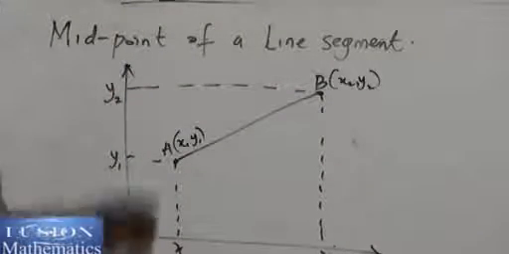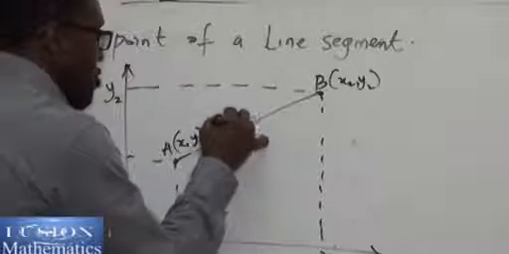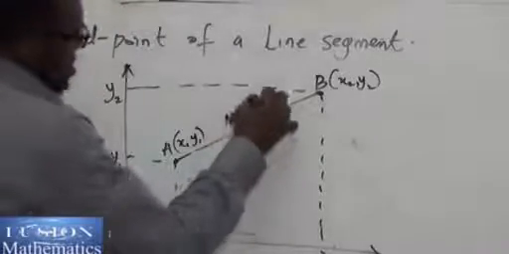Now, we want to look for the midpoint of this line. And the midpoint definitely will be somewhere in the middle. We represent it as x-bar and y-bar as its coordinate.